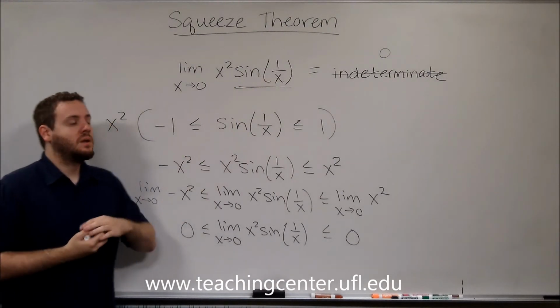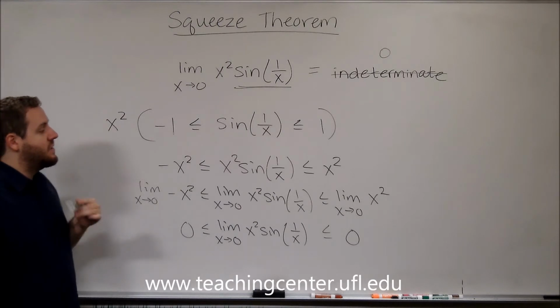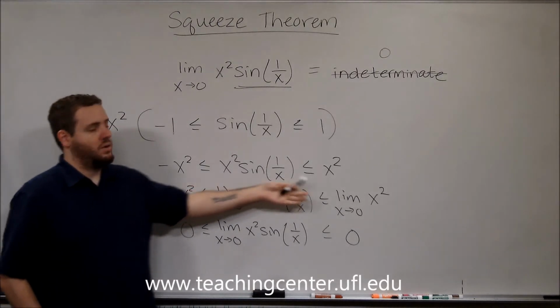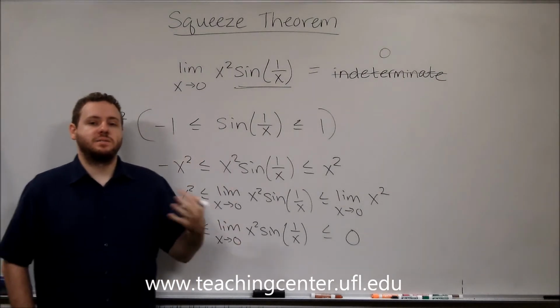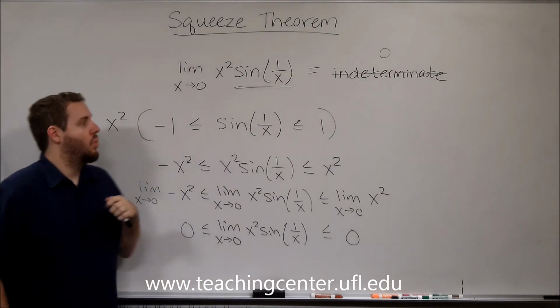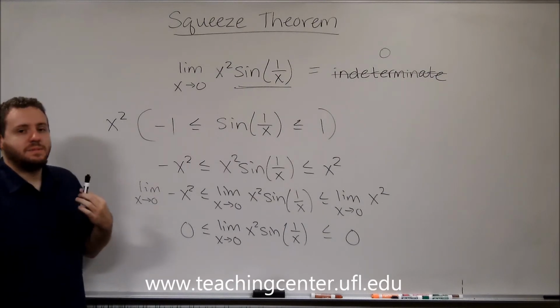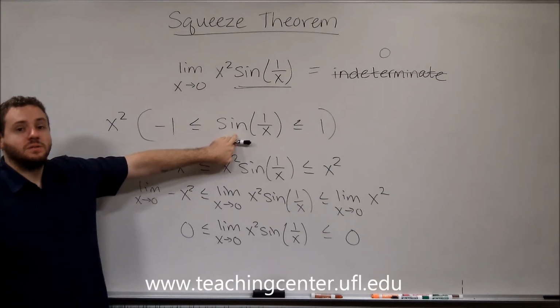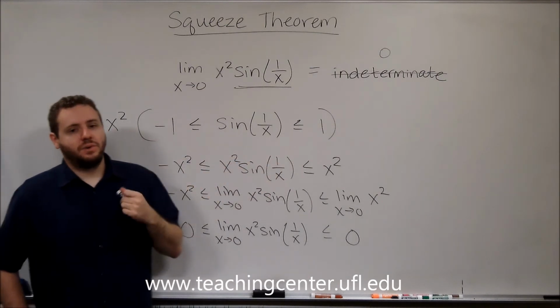So for the squeeze theorem, like I said, either you will be given an inequality in which you take the limits of the left and the right sides and get the center from that, or you just need to construct one. When you construct one, the steps are: you always start with the trig function, so it'll either be sine or cosine, and it's always in between -1 and 1.